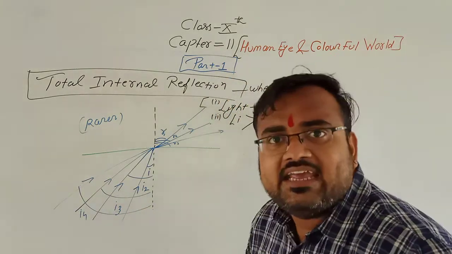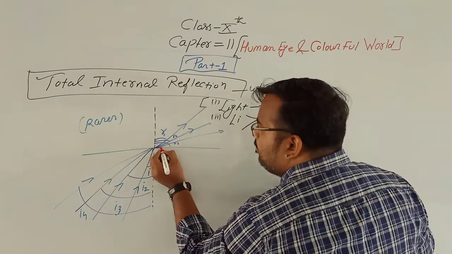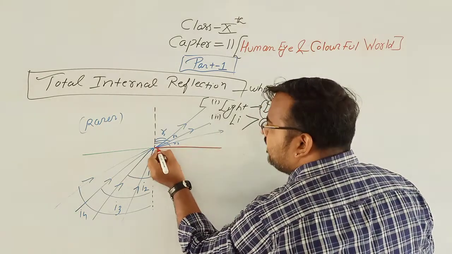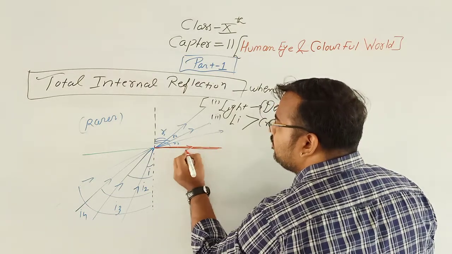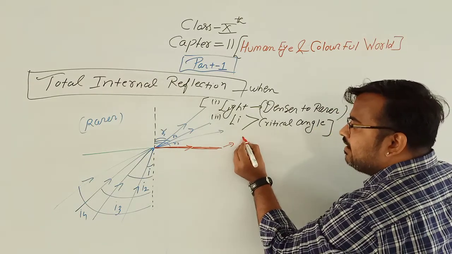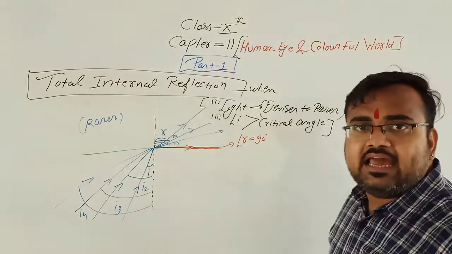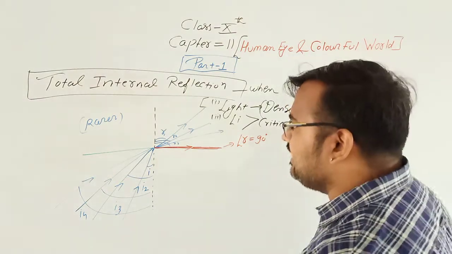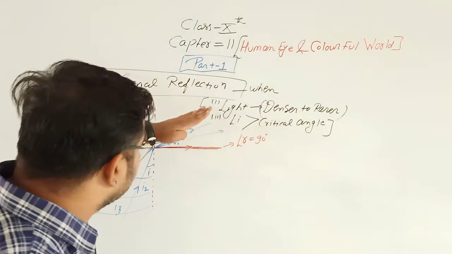Then the refracted ray will be perpendicular to the normal. So in this case, the angle of refraction is equal to 90 degrees. See, when I increase the angle of incidence, the angle of refraction also increases.